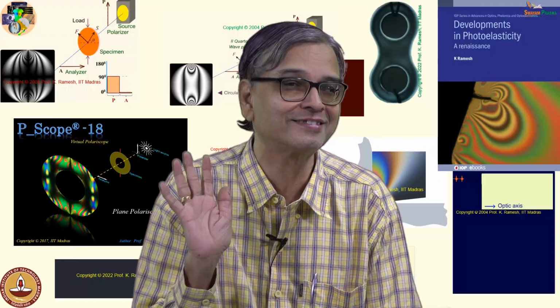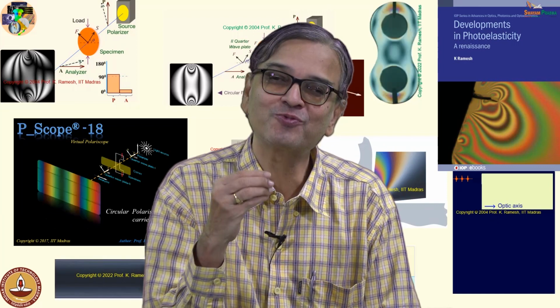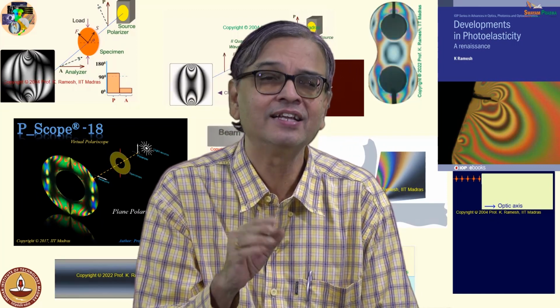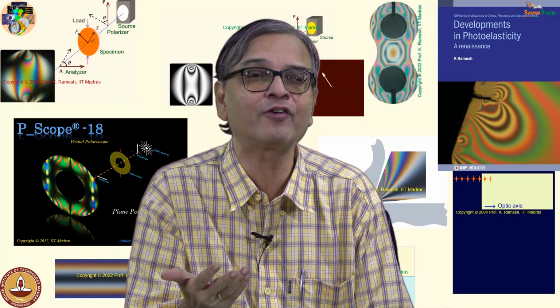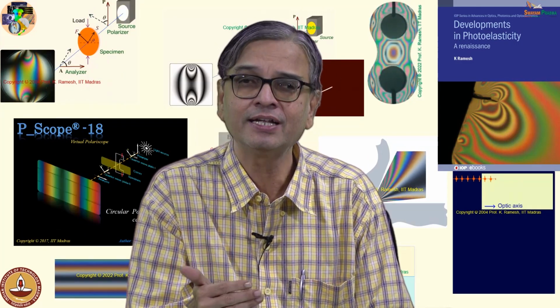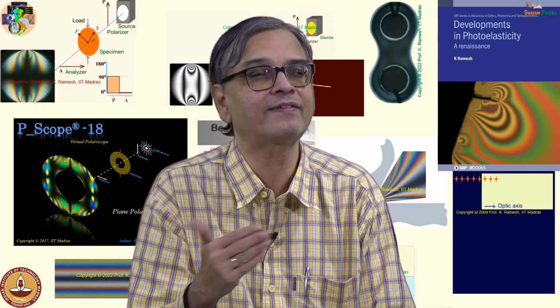It has VIBGYOR, so all the beautiful colors. That is why you see it beautiful. God wants you to learn stress analysis colorfully. Fine. So when you use white light, and we have made significant contributions on how to interpret the white light for evaluation of fringe order, subsequently how to get sigma 1 minus sigma 2.